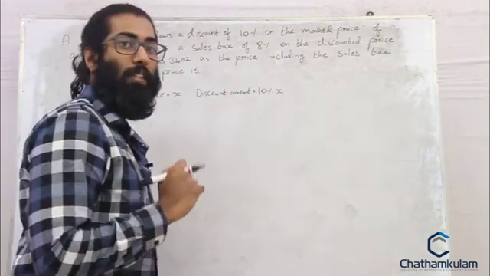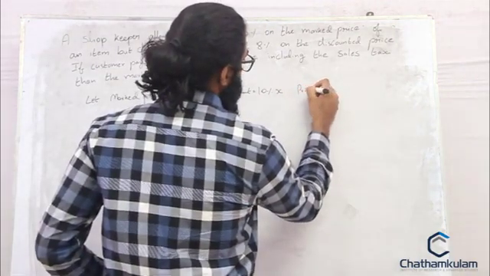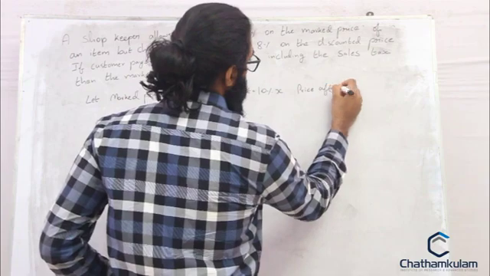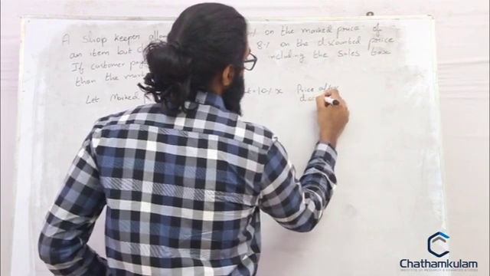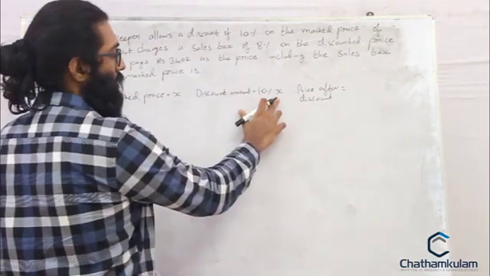So what is the price after the discount? Price after discount, we can say that, this is the mark price, right? This is the discount amount.